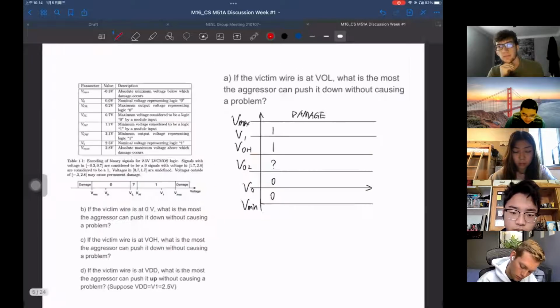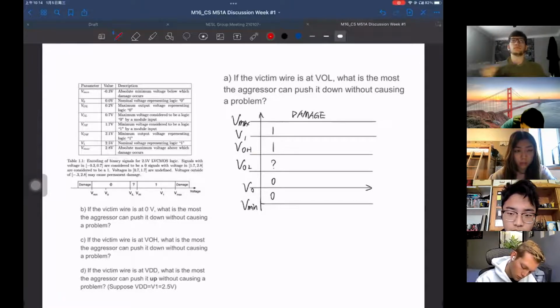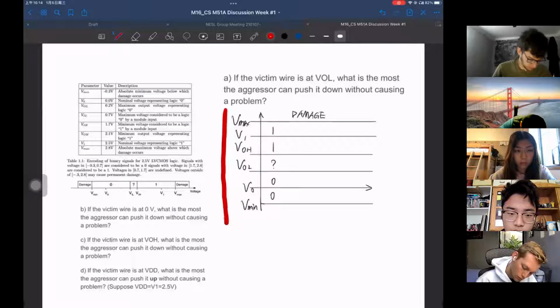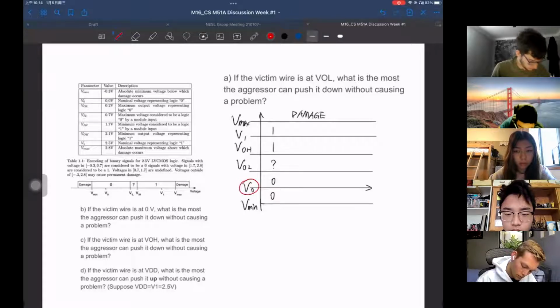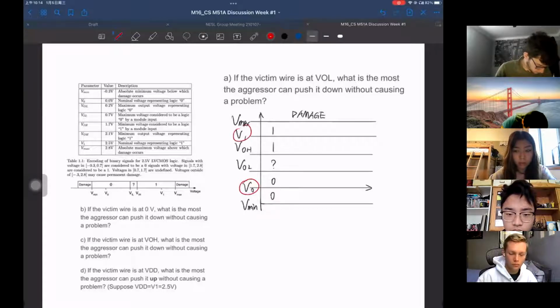Okay, so let's move back to this problem. As we increase the input voltage over here, ideally we have 0 volts, which is V0, and V1 in our example is 2.5 volts. That is the standard value of the ideal case.